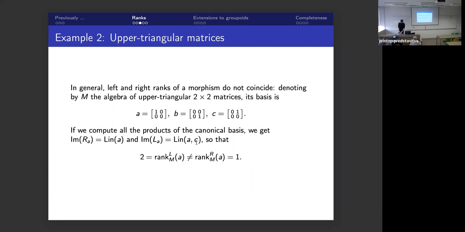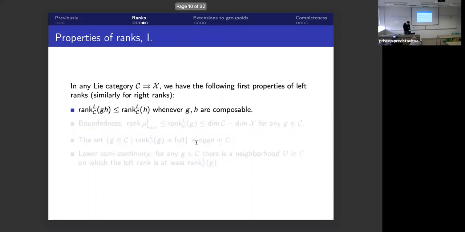And this is really easy, right? Because the only thing that you need to do is compute all of the possible products of these 3 elements, and what you get is basically the answer to the question whether in any Lie monoid the left and right ranks coincide. They don't, right?